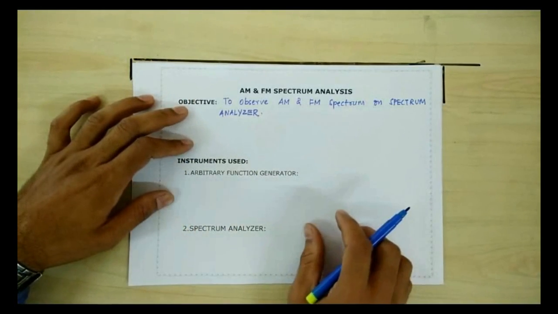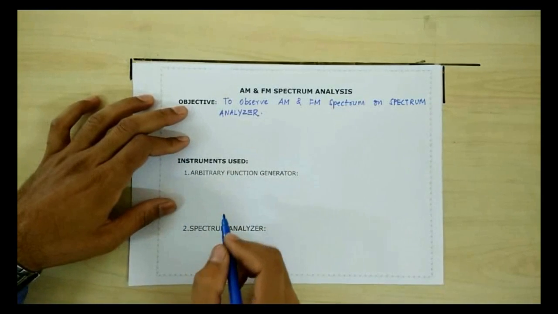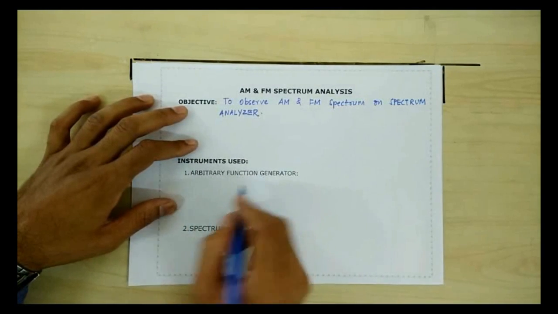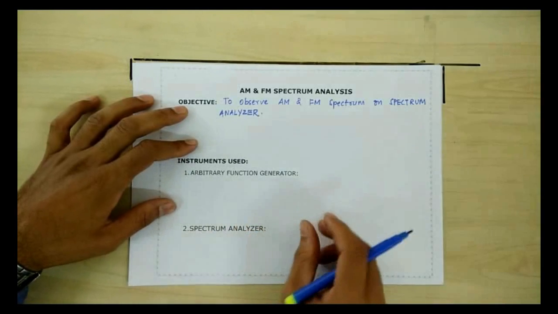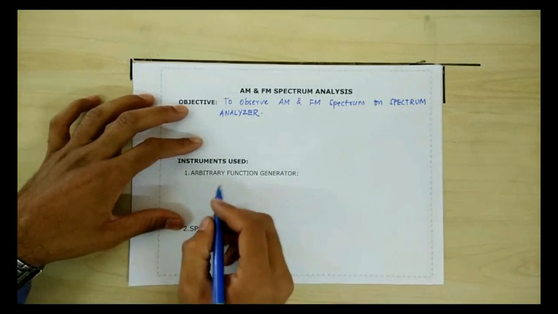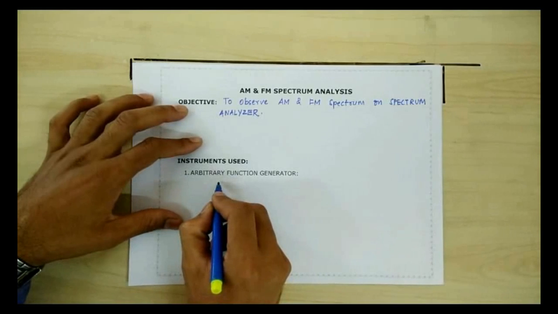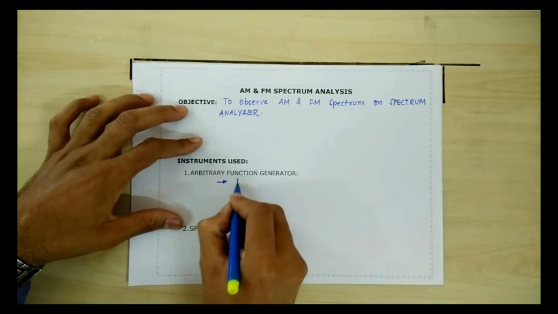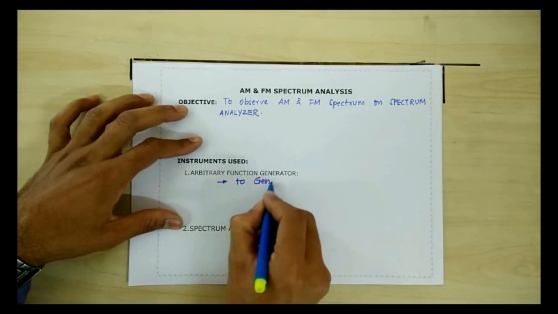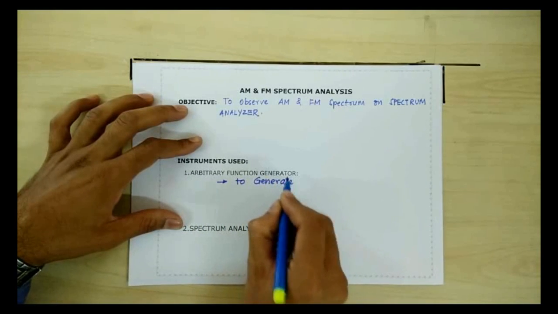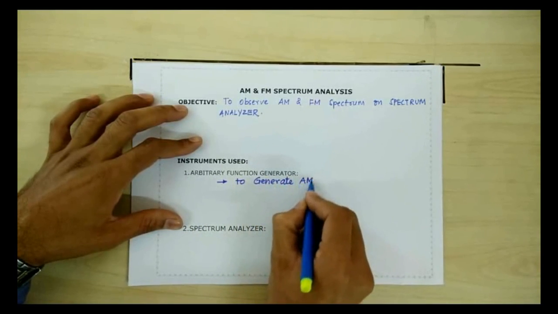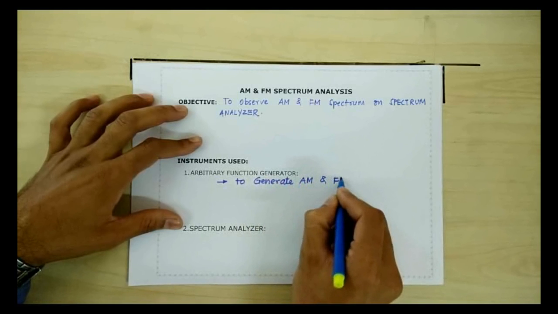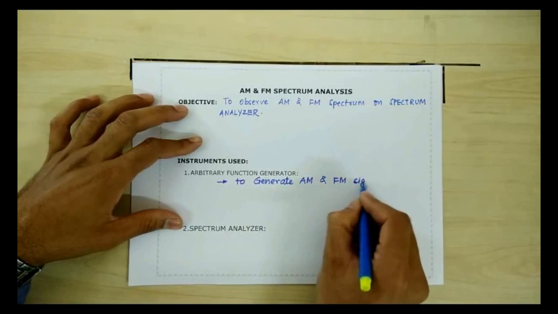In this experiment, we are going to use two instruments. First one is arbitrary function generator used in the lab. This function generator is used to generate AM and FM signal.